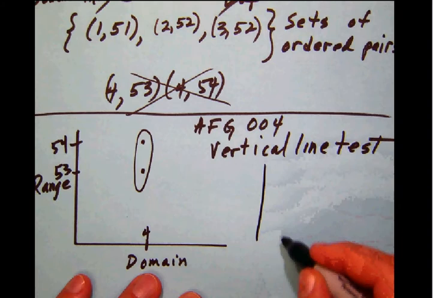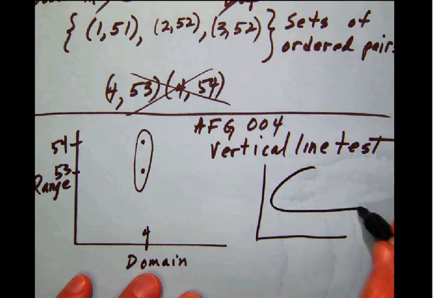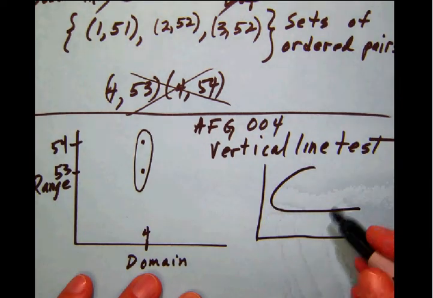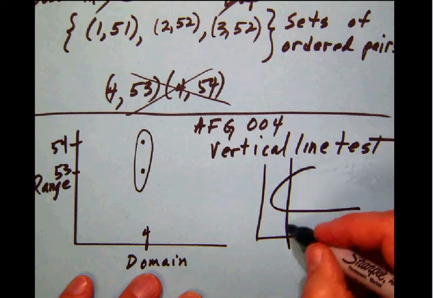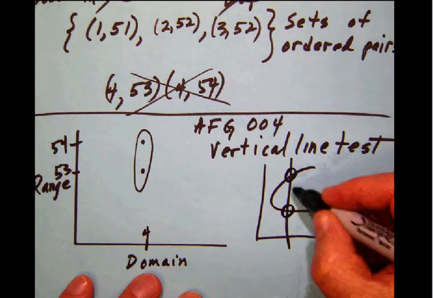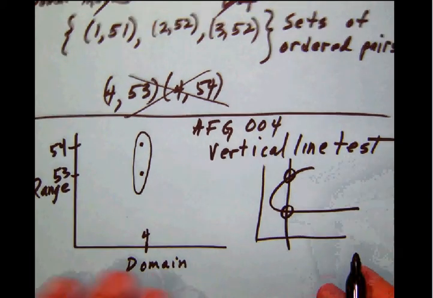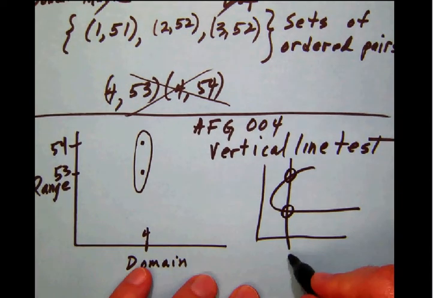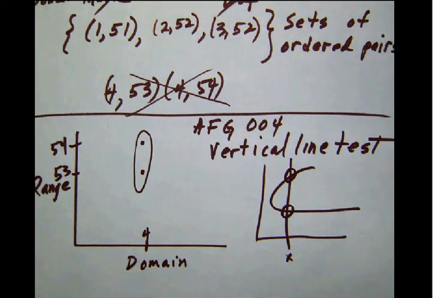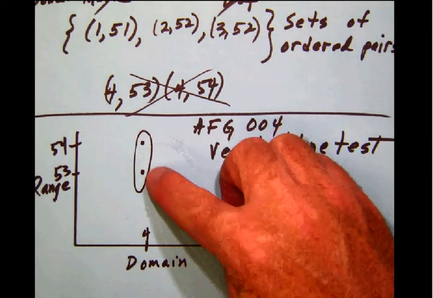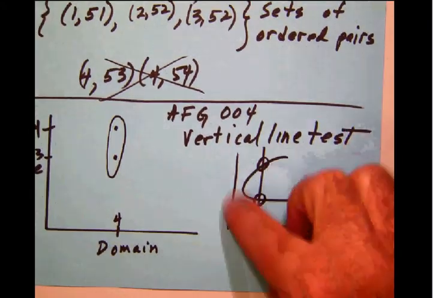So, for example, over here someplace, if we were to have a function that somehow looked like this, that was enough points to make a solid line, we would immediately say, no, this cannot be a function because a vertical line will connect 2 points that are directly above each other, and of course that is illegal because we'll have a single value of our domain down here matched with two values from the range. So we never allow one dot to be directly above the other, either in a graph that's a series of single points or if it is a continuous line.